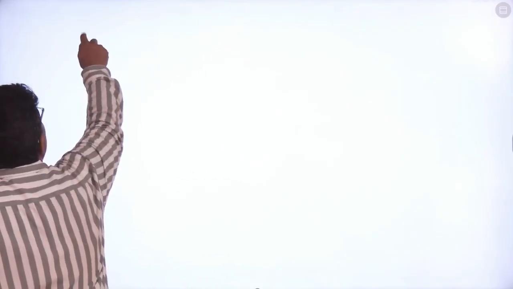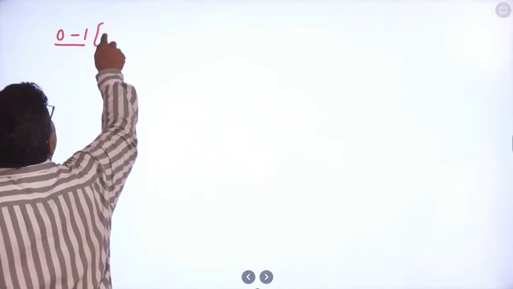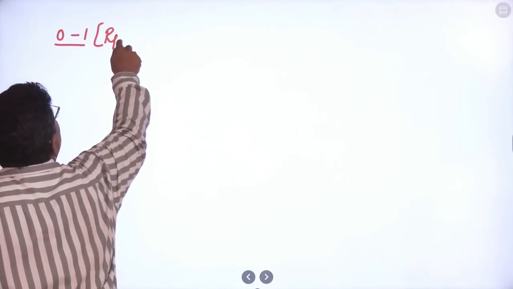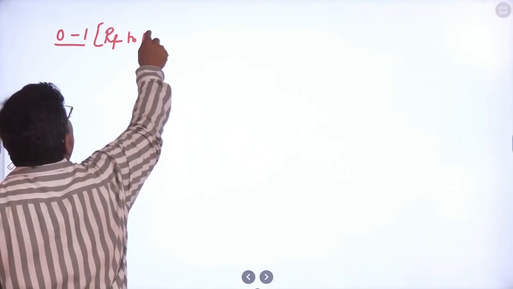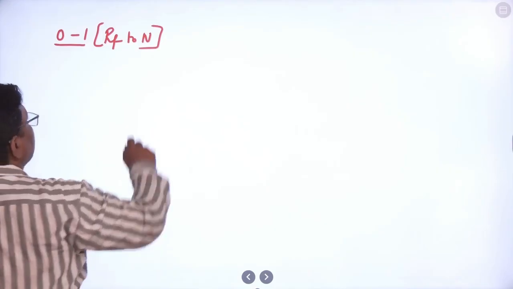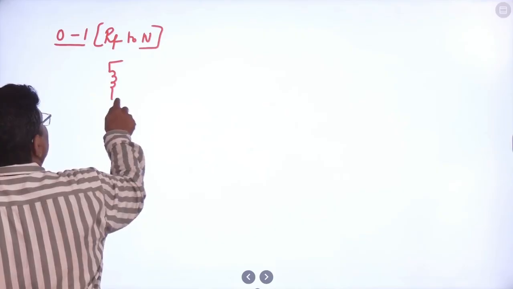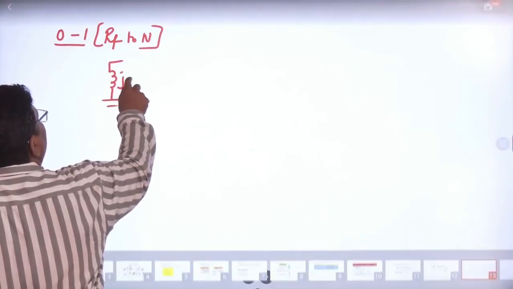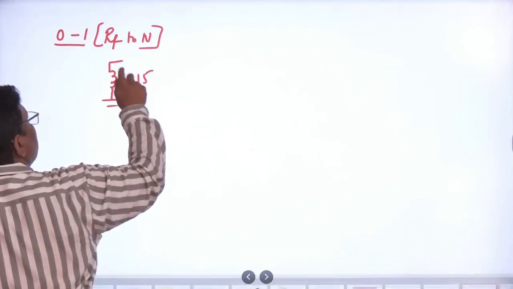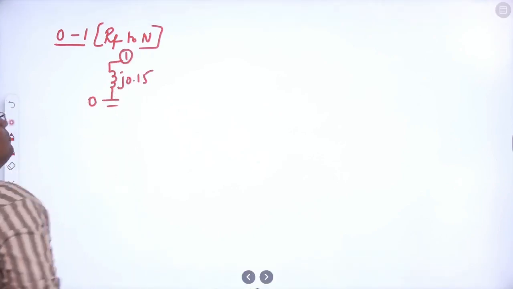So first, 0 to 1, that is reference to new. In this case, j0.15 is the impedance value between bus number 1 and 0.